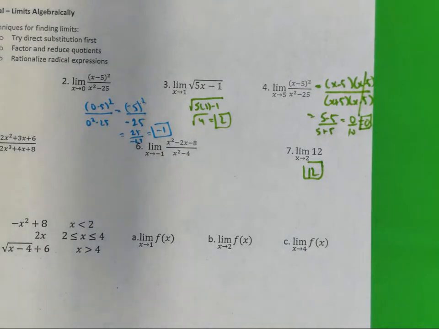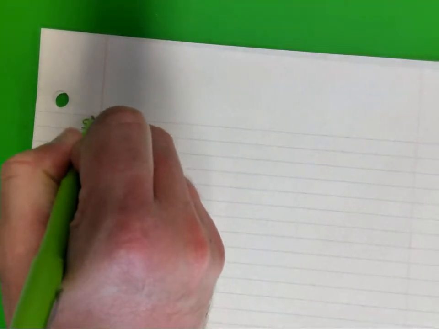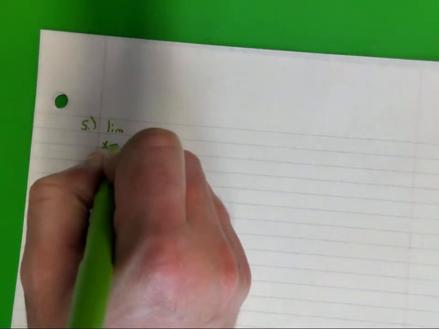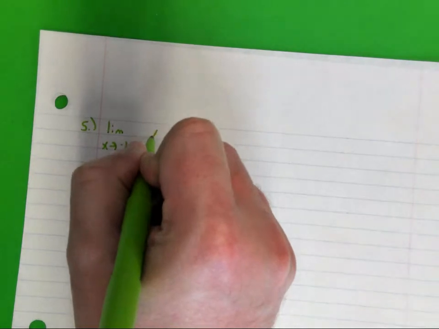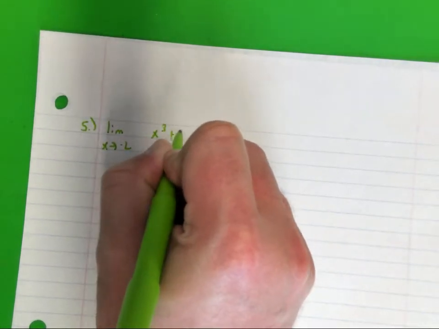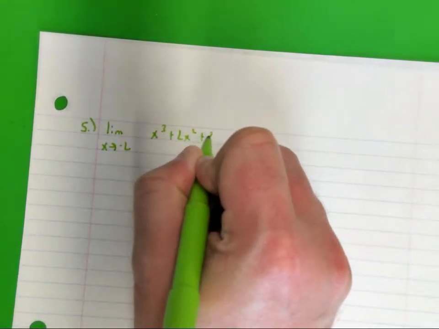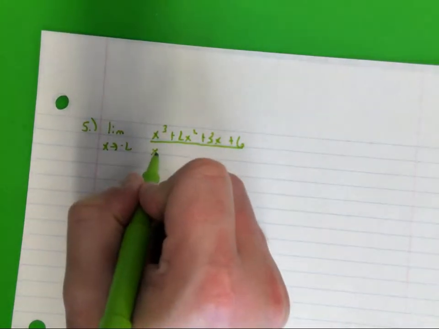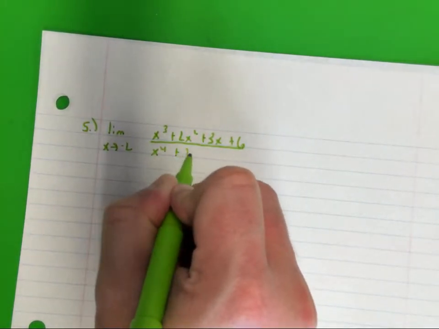All right, going back to number 5 now. On number 5 here, I want you to plug negative 2 in that denominator and see what you get. Let's give everybody a chance to do that. That means pick up your calculator and try it.